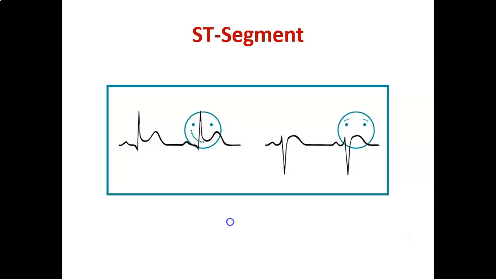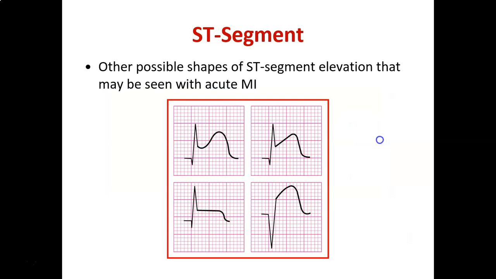Then the shape of the ST segment can be concave upward, that's a smiley face if you draw a circle around this complex, or convex upward, which shows the sad face. Any face can be there, but the sad face is most significant with acute myocardial infarction.